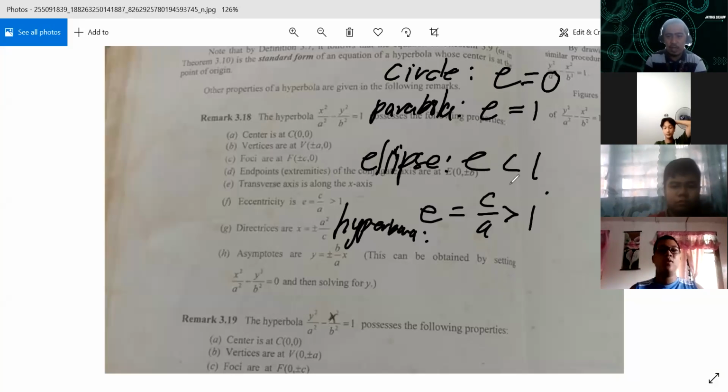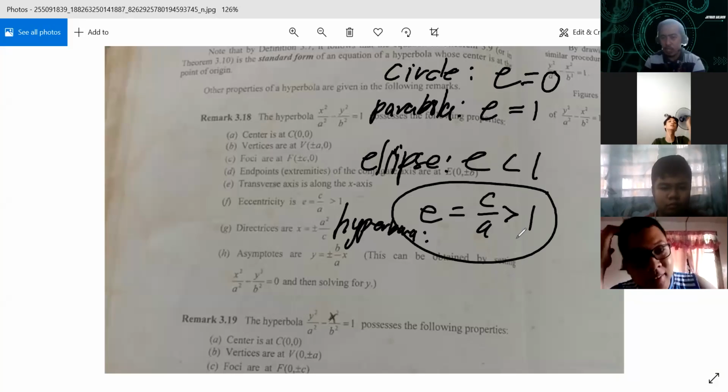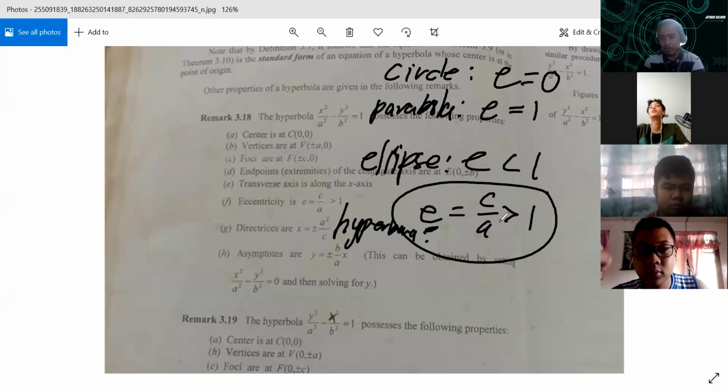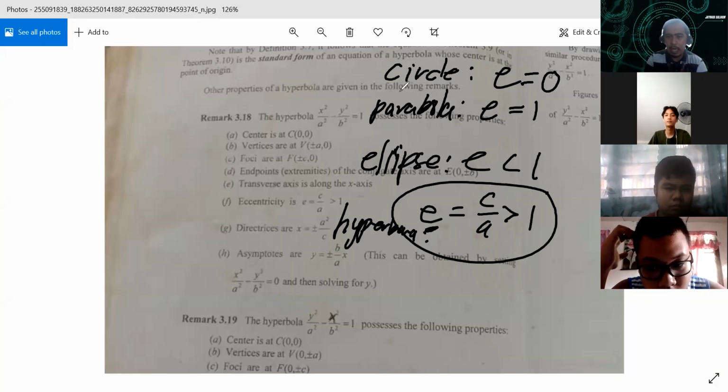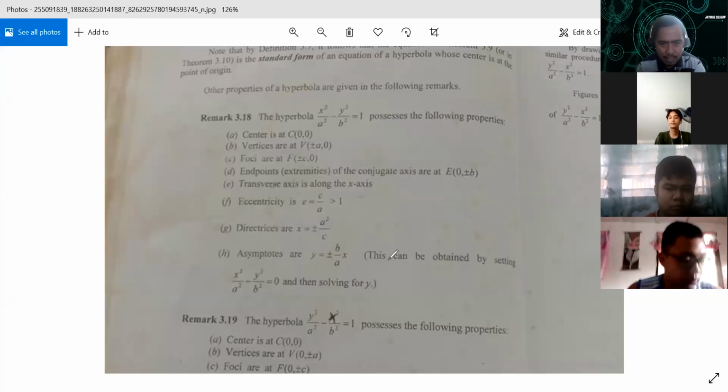So now we are in hyperbola. Bear in mind to check whether you get the correct value for c and a. You look for the eccentricity. If that is greater than 1, then you got it correctly. Then again, bear in mind that eccentricity will tell us how flat our hyperbola is. Flatness of your graph.